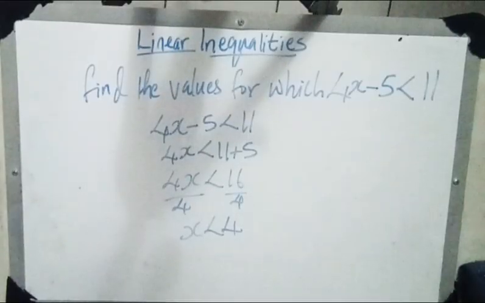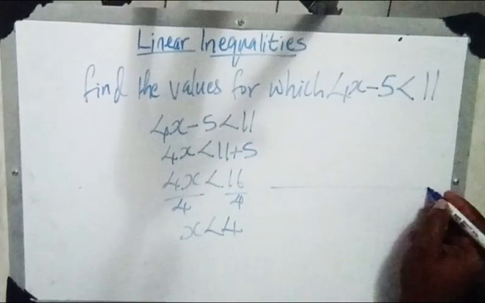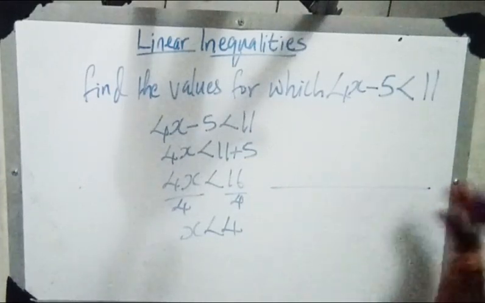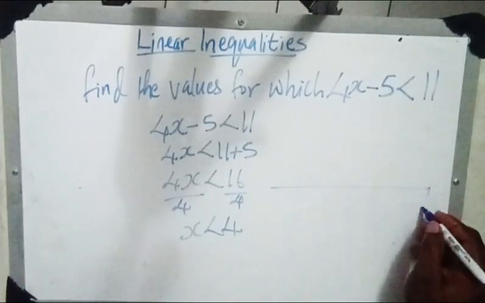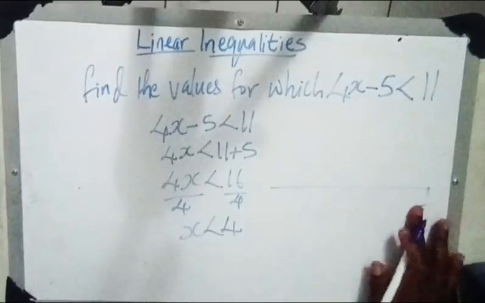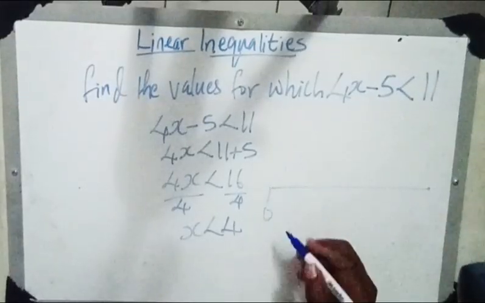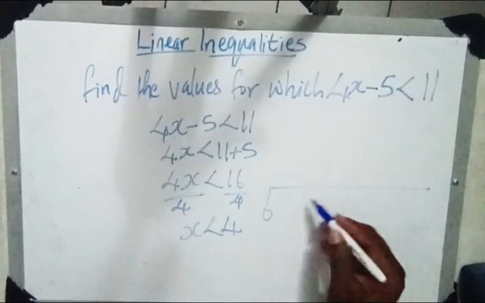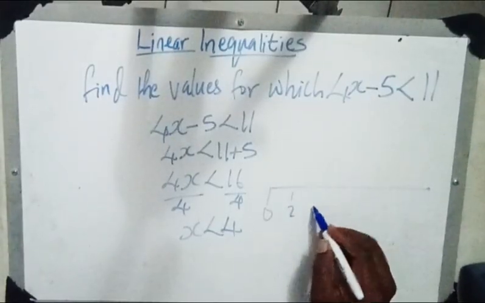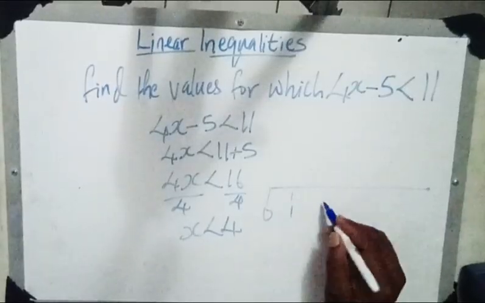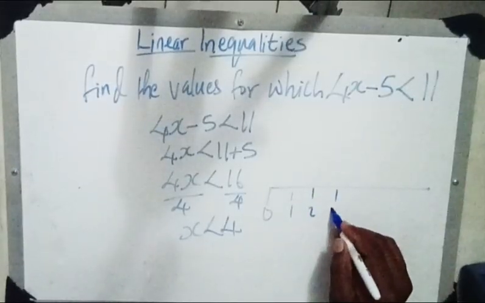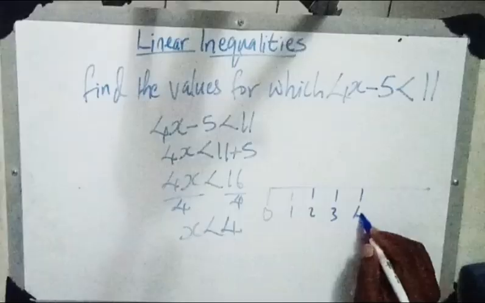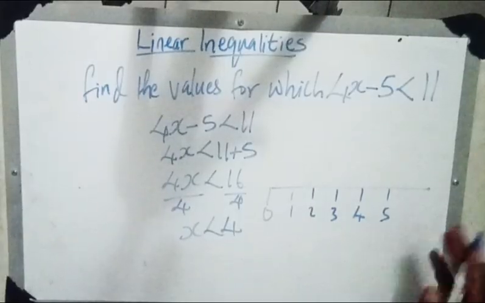Now, if you wanted to represent this on a graph, it's very simple. You have a scale here, and let's say this is 0, since we're talking about positive numbers. From 0, you have 1, 2, 3, 4, 5, and so forth.